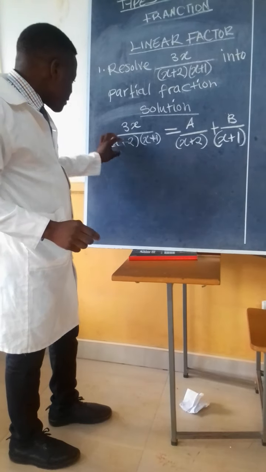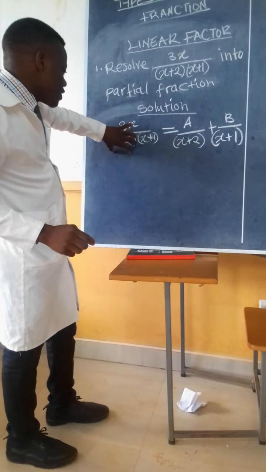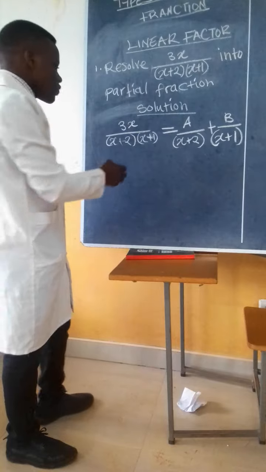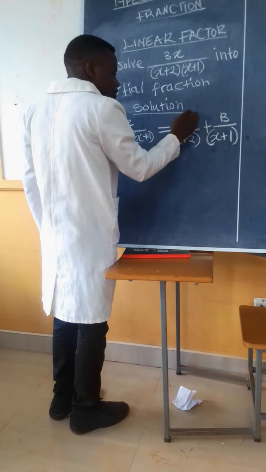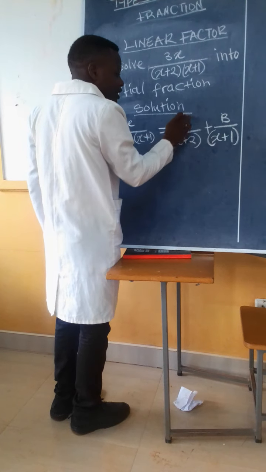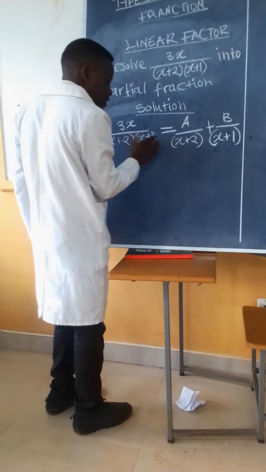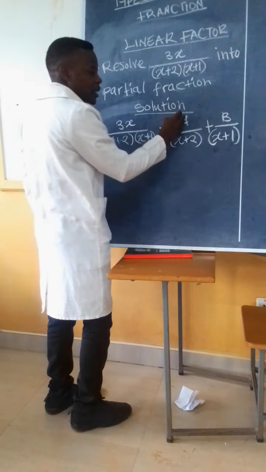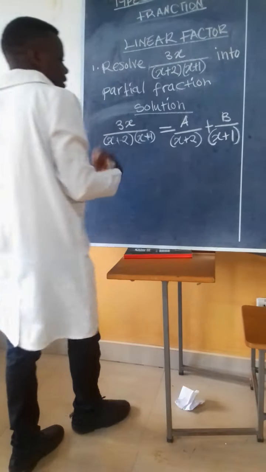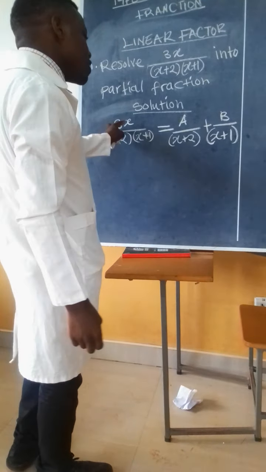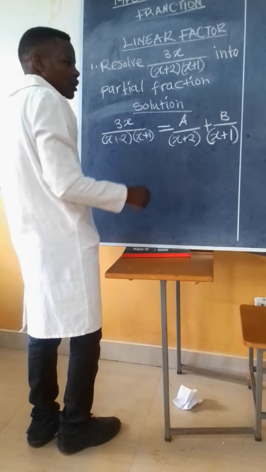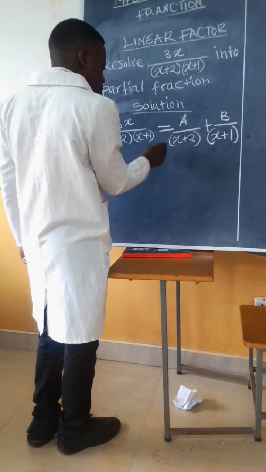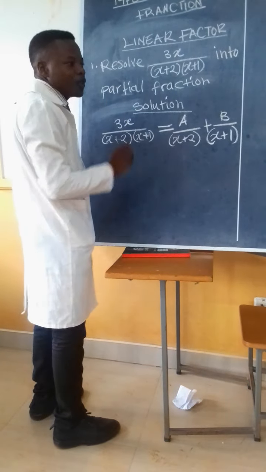So these denominators are the ones that determine the numerators. If there are 3 denominators, it means it will be A, B, C. But in this case, there are only 2 denominators, or 2 terms of denominators.